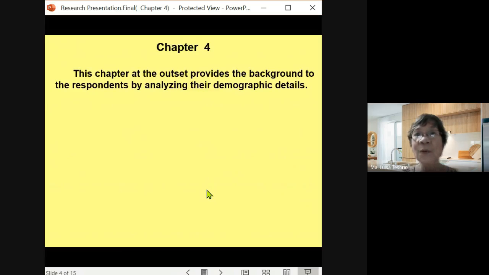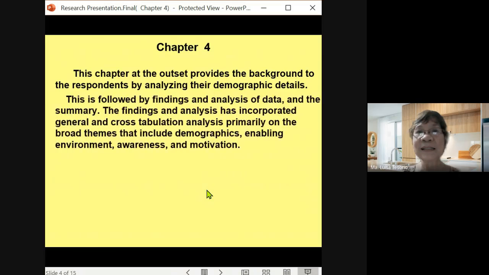This chapter also, at the outset, provides the background to the respondents by analyzing their demographic details. This is followed by the findings and analysis of data and the summary.